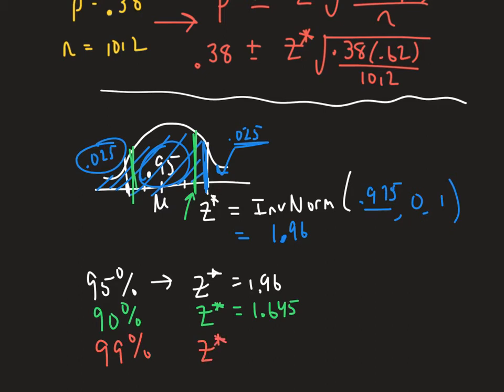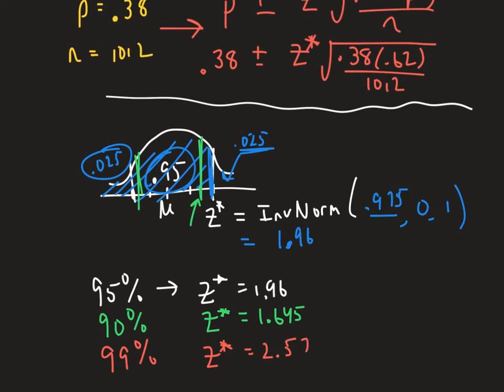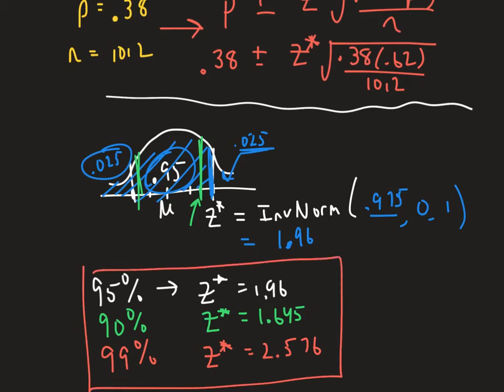That one, using the same process, should get you 2.576. Oops, let me write those down. So just keep those in mind. On any test or anything, I will provide those with you. But those are the 3. Anytime you see z-star, it's going to be one of those 3. I may change it to something not there, but it would be like an extra credit question or something at this point for us.